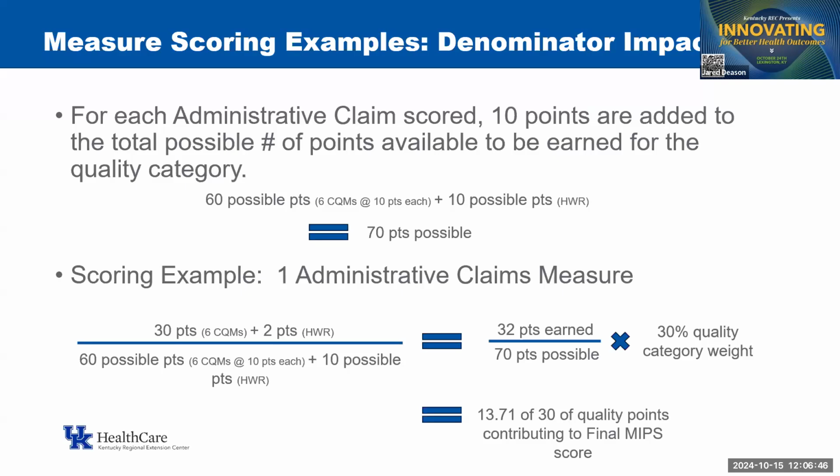They didn't score too highly on this claims measure, earning only 2 points. So we would add those 2 points to the 30 points that they received, giving us a total of 32 over 70. Once you multiply that by your category weight, that would give them a category score of 13.71 points, contributing to their MIPS final score.